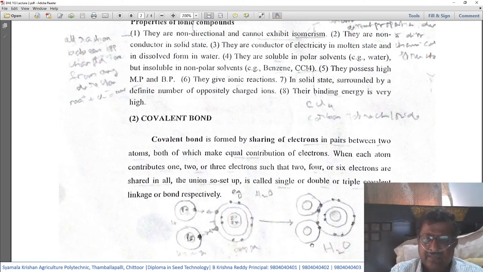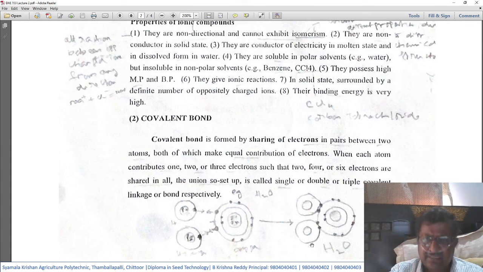Here 2 electrons are there, here 2 electrons are there. Here is 1 electron of hydrogen, another electron of oxygen. Here another electron of oxygen, hydrogen, and another electron of oxygen. These two combined.